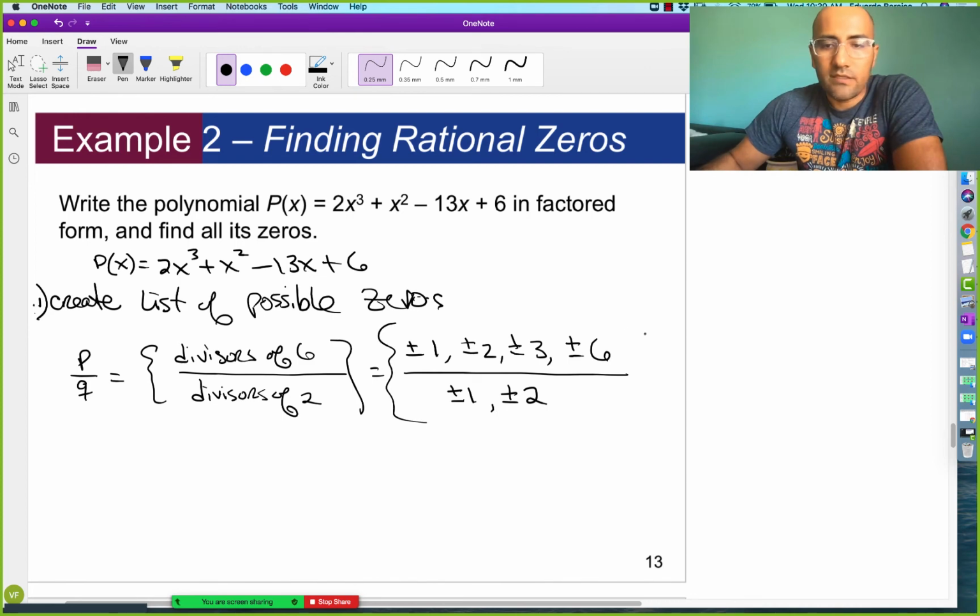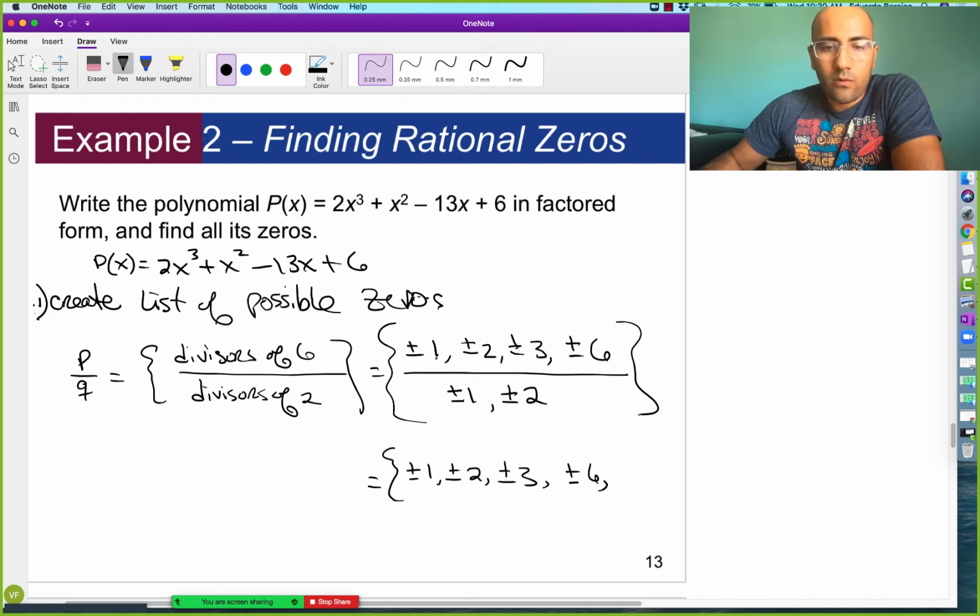So here's my list. It's pretty big. Dividing all of these by 1 gives us those values: plus or minus 1, plus or minus 2, plus or minus 3, plus or minus 6. And then all of these divided by 2, and you don't have to repeat.